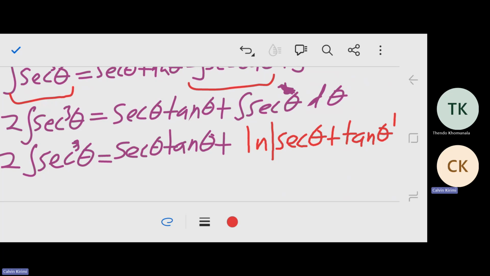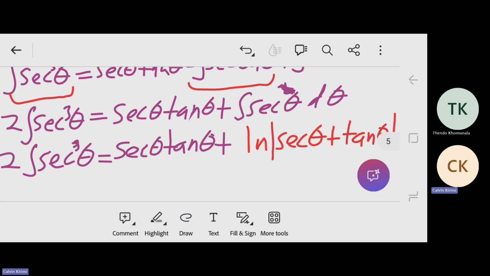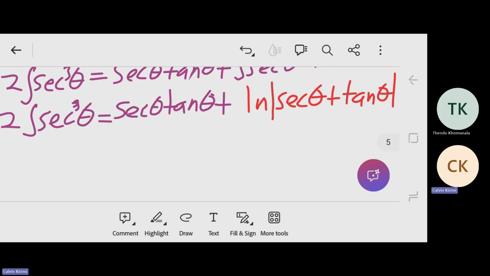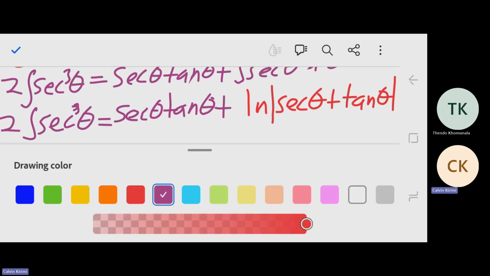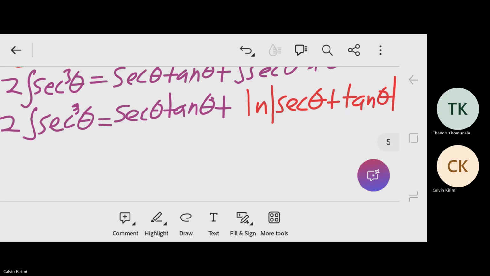Our integral was for us to find what secant cubed theta equals. So we are not interested in 2 secant cubed theta, but only secant cubed theta.